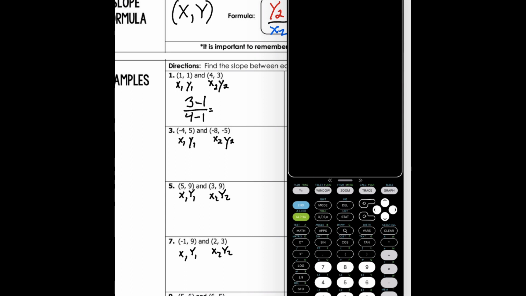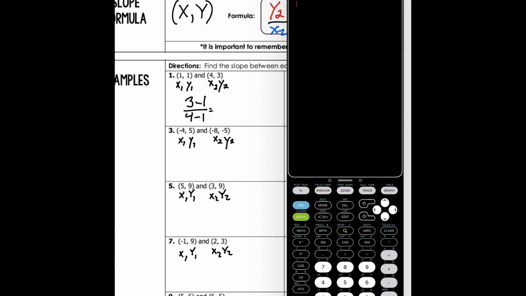And you get your fraction to show up on your calculator, and all we are going to do is type in exactly what it says on our page. 3 minus, I'm not using the negative sign, I'm using the minus sign, and we'll get to that a little bit more in a minute here. So 3 minus 1, we're going to arrow down, so now we're in the denominator, we're going to say 4 minus 1, I'm going to arrow over, so I'm no longer in my fraction, hit enter.